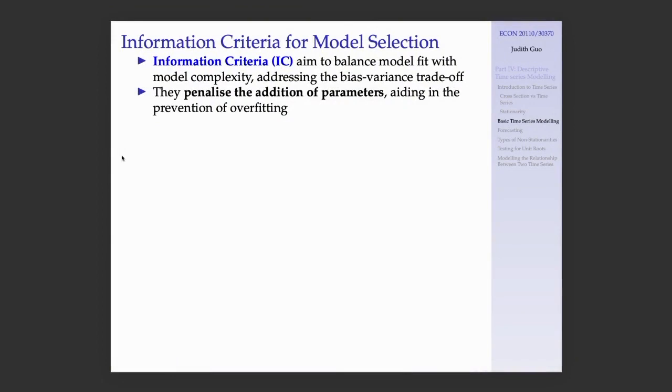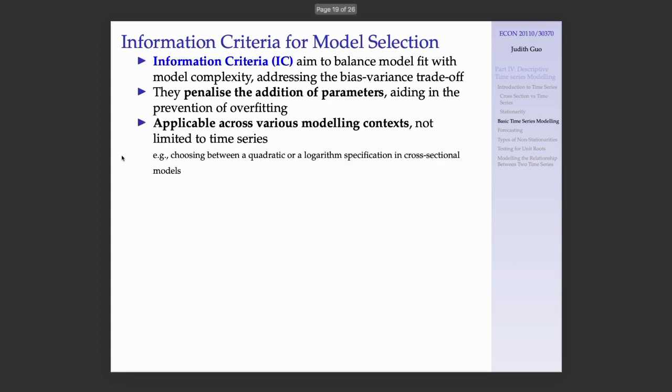And the information criteria explicitly balance the bias and variance trade-off, in a sense that they penalize the number of parameters included in the model equation. We know increasing the number of parameters improves the fit.